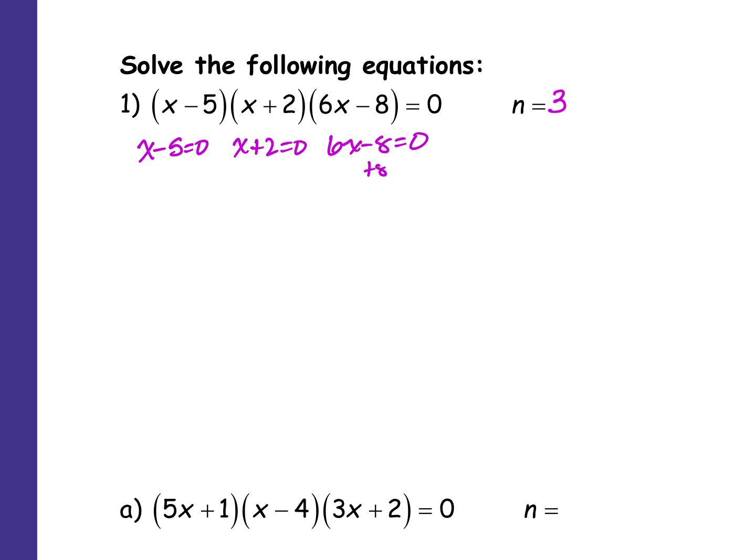This one's going to be the hardest one, so I'm going to start at this one. 6x equals 8, divide by 6. So x is going to equal positive 5, negative 2, or 4/3. And that's it. Is there any questions?